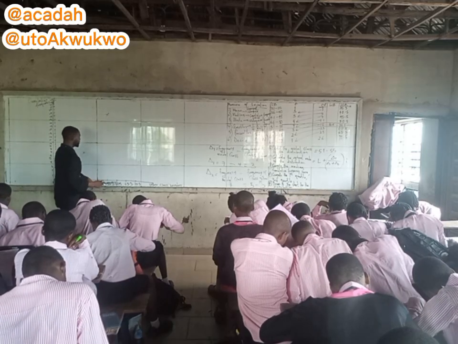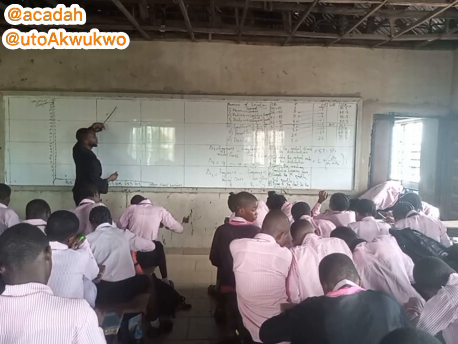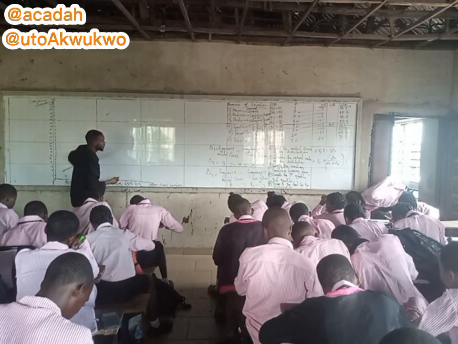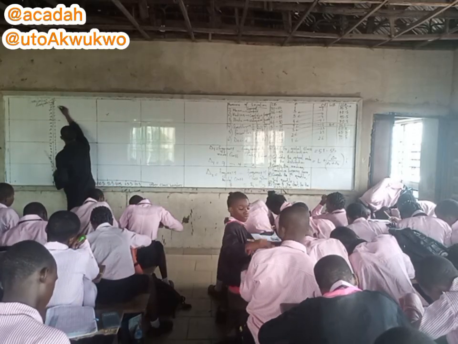Then 60.5 is under what? 5. Is it 23? So 23.